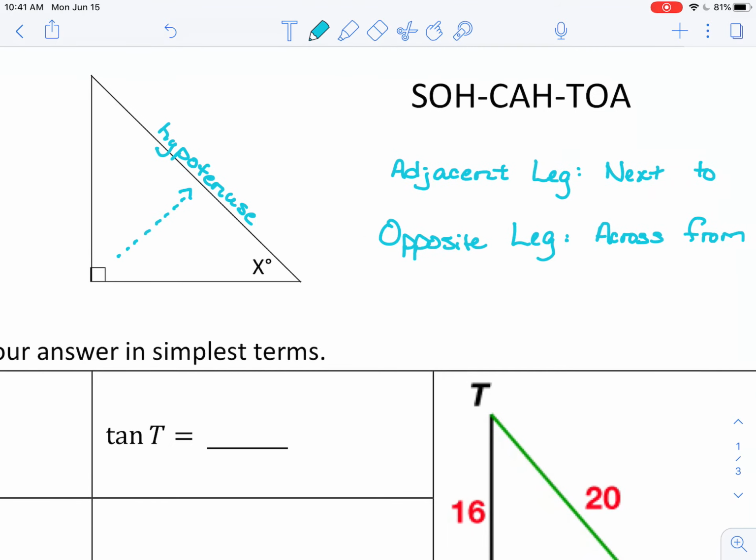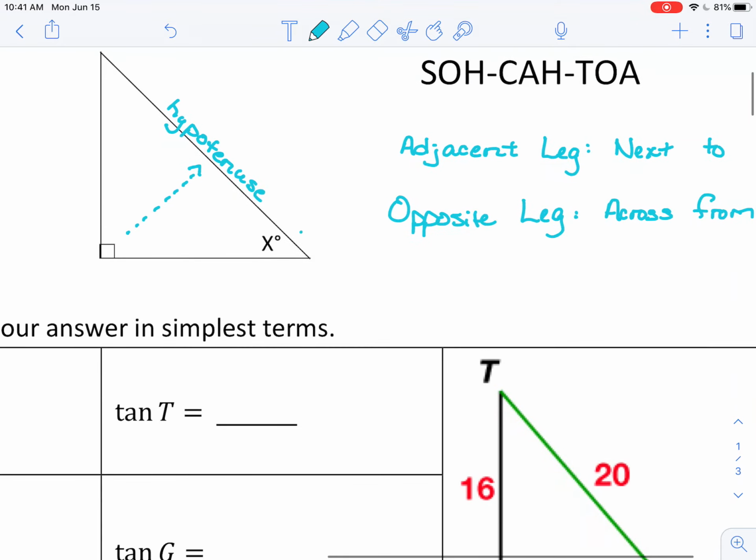So if I'm talking about next to, you have to be next to something. In this case, what I'm next to or across from is going to be whatever acute angle is marked. So notice I said acute angle. The right angle only matters for labeling the hypotenuse. Once your hypotenuse is labeled, ignore the right angle, move to whatever angle is marked.